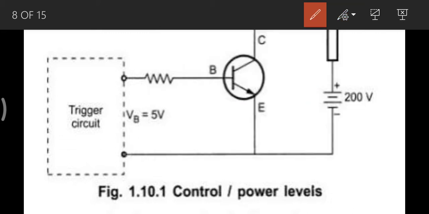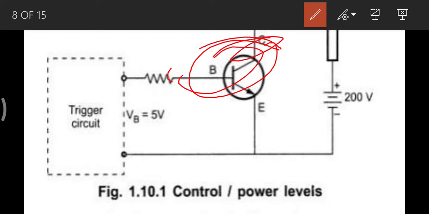So if there is damage at the collector and base, that means the high voltages get connected to the triggering circuit. See here, if any fault occurs on the gate side or emitter side, that is connected to the triggering circuit also. This means the triggering circuit is damaged due to device damage.